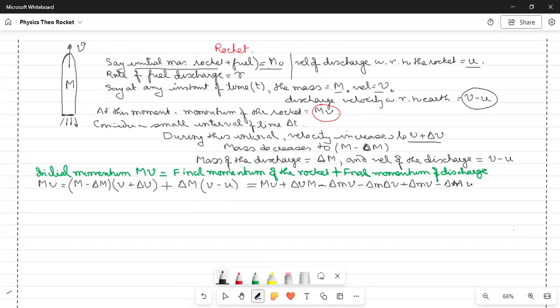We have been writing capital M minus del m u.